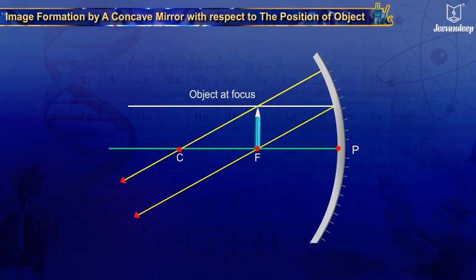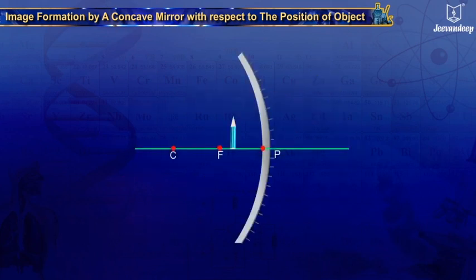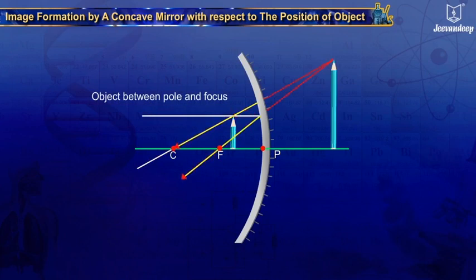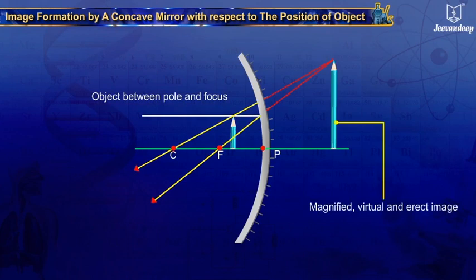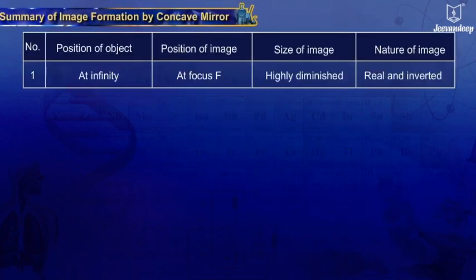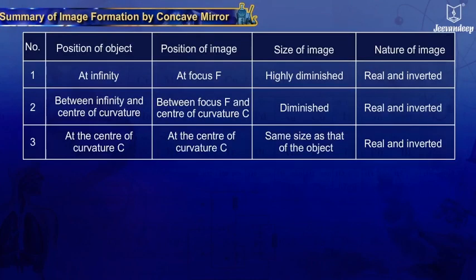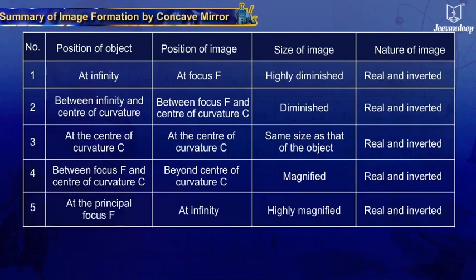The image is highly magnified, real and inverted. When the object is between the pole and the principal focus, the image is formed behind the mirror. The image is magnified, virtual and erect. The table shows the summary of image formation by concave mirror.